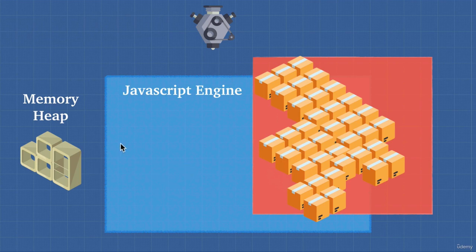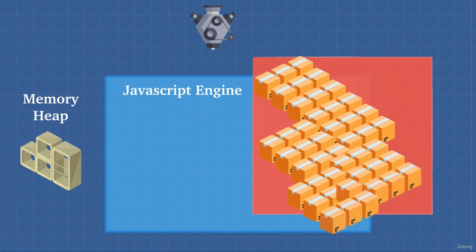It just allows us to use variables to point to different storage areas, just like a little cupboard here. A lot of science goes into optimizing the way space is allocated here, but we don't need to worry about that. We know that the engine takes care of putting data into storage boxes for us. And that's pretty easy, right? Memory heap is not that hard. Just a place for us to store our information.